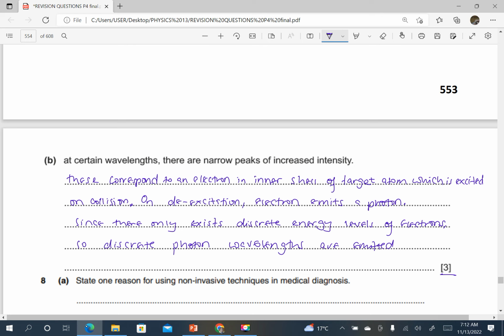So there is less chance of infection during diagnosis, and unnecessary scarring is avoided.